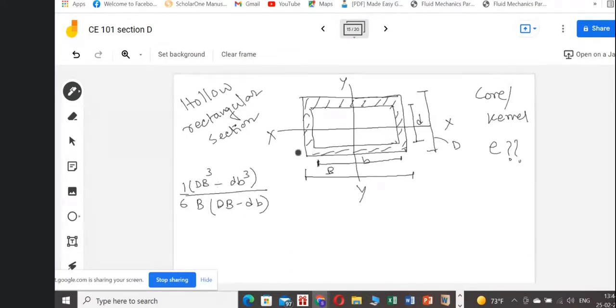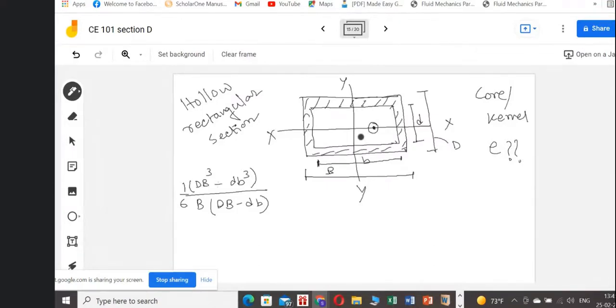Yes, where will this be? About which axis? About the x-axis, sir. About the x-axis means the point will lie along the y-axis. And what about the other case?